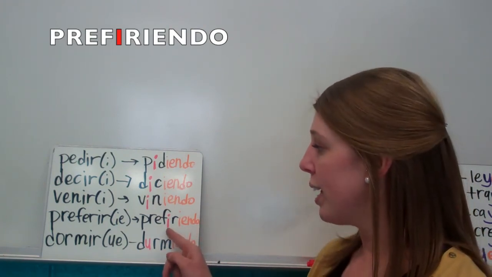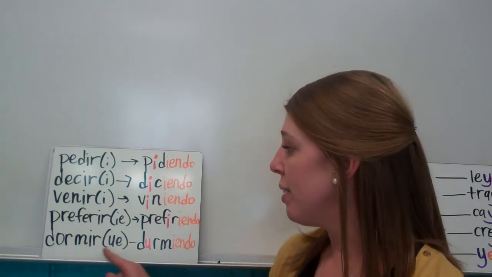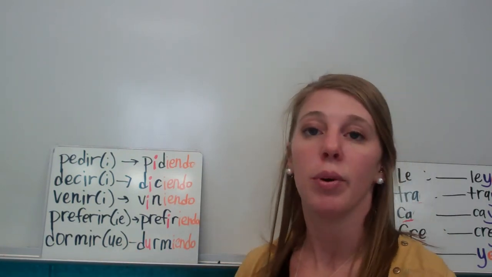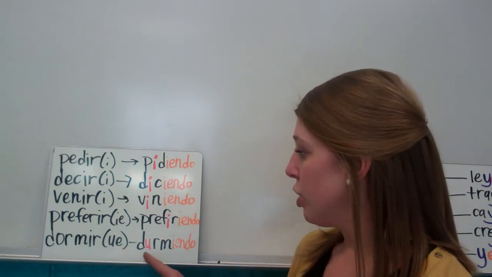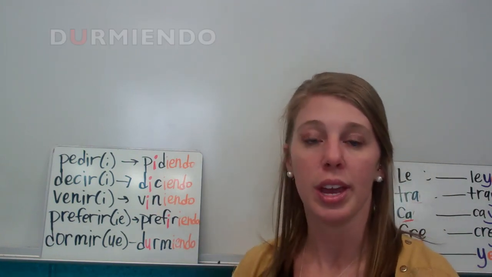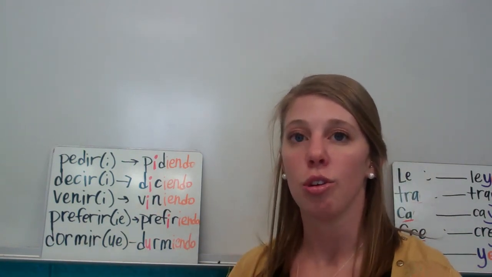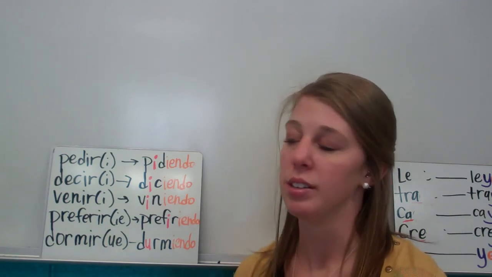So it's only an I. Same thing with dormir. We're used to having this change to a UE. But whenever it's in the present participle, it only goes to a U. So we have durmiendo. So E's only go to I, O's only go to U's whenever it's in the present participle.